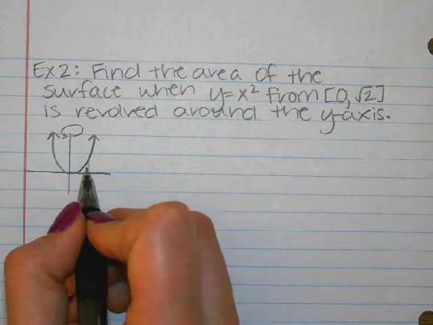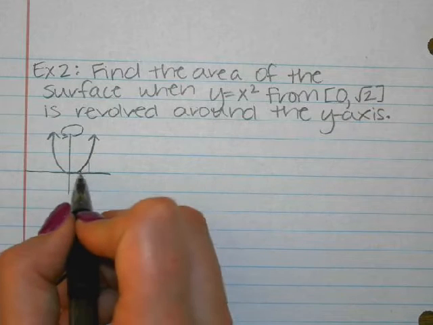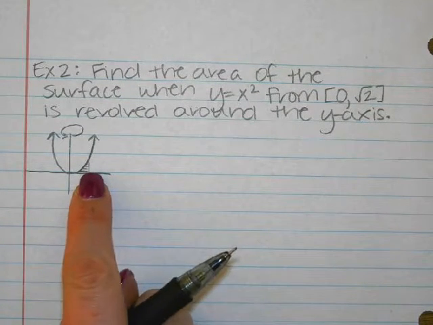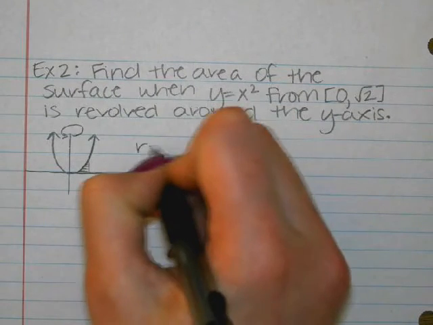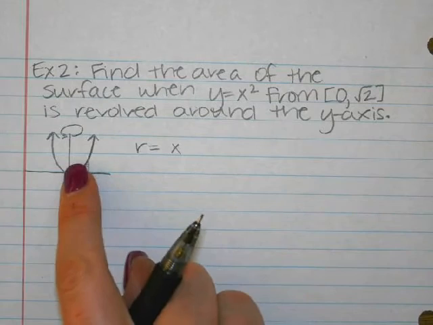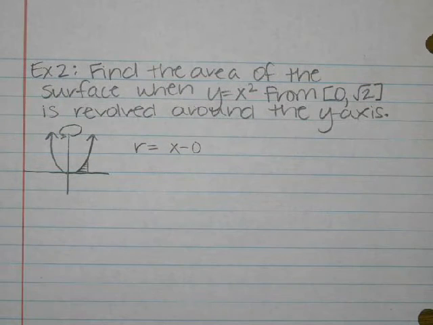So the distance from this edge to where you are spinning it around the y-axis is going to be an x value minus 0.